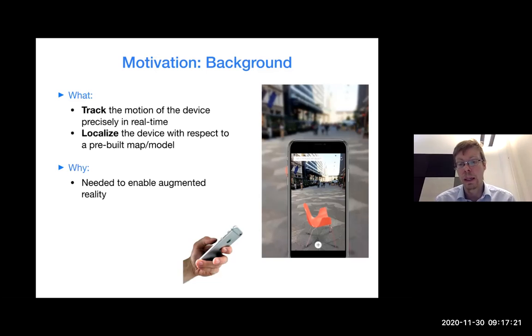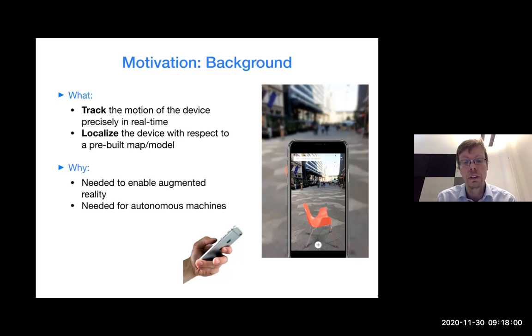So we may have mobile devices and then we use them in some predefined environment, and we would like to show augmented content in the live camera view. And in order to do this in a realistic manner, we need to be able to precisely position the device with respect to this environment, and then also track the motion of the device accurately in real time, so that this augmented content appears photorealistically in the live camera feed.